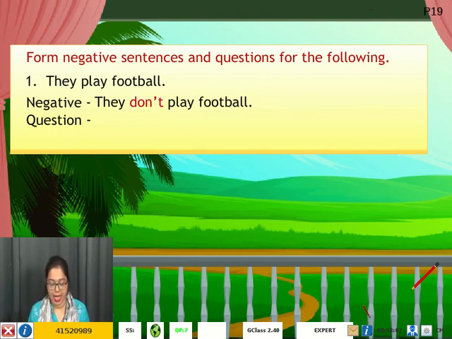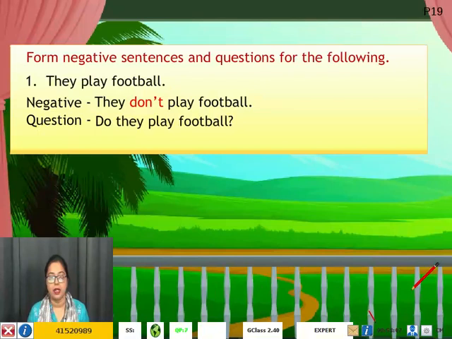And now when you turn the positive sentence, they play football, into a question form, it will be, do they play football? Okay. So could you make out the differences? Okay, great. Now you see, do here is highlighted and a question mark is also given. So I hope this much is clear to all of you.